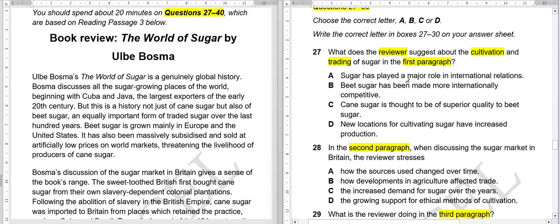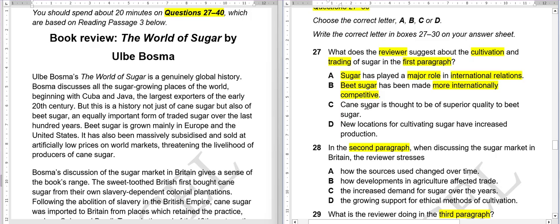A: Sugar has played a major role in international relations. If sugar has played a primary role in improving relations, then it will be our answer. B: Beet sugar has been made more internationally competitive. This is some other type of sugar. This is simple sugar, this is beet sugar. If it has been made more competitive in the international market, then B will be our answer.